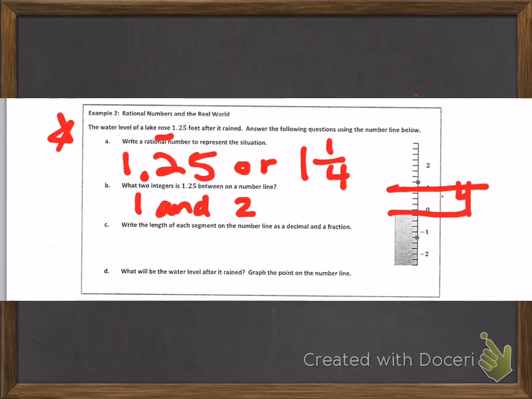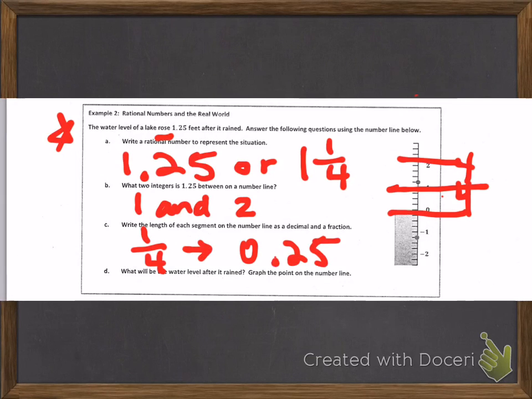Four spaces, which means 4 segments. And from 1 to 2, same thing, 1, 2, 3, 4. So they are separated by 4 segments, which is different from the last number line that had 10 segments. So our length would be 1 out of 4, or you can say 0.25, because 1/4 means 0.25 as well.